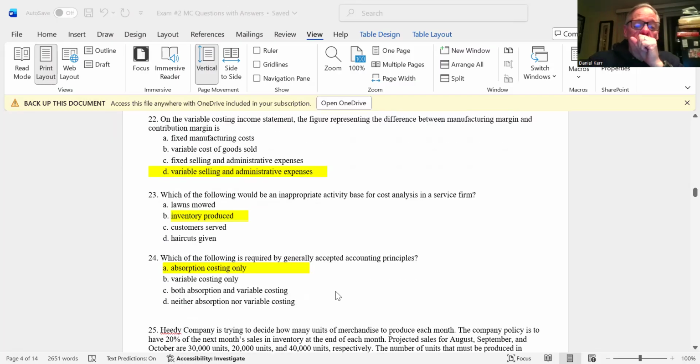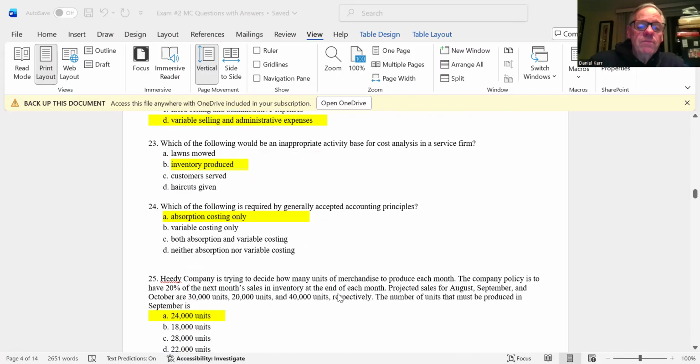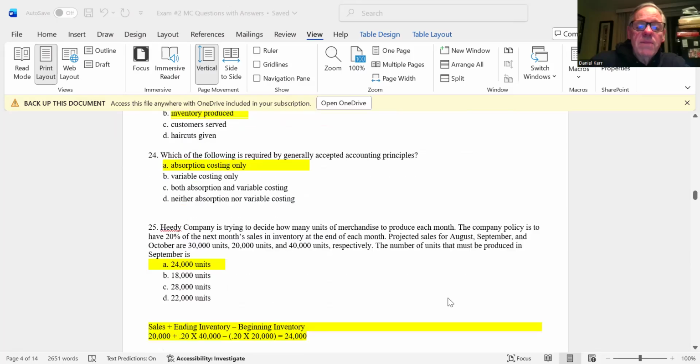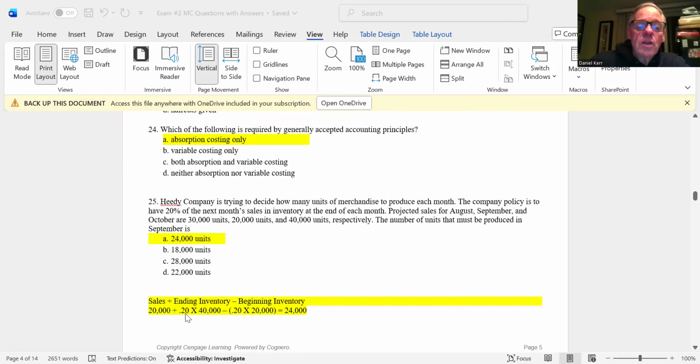Sorry for the cough. Number 25. PD company is trying to decide how many units of merchandise inventory to produce each month. The policy is to have 20% of the next month's inventory in inventory at the end of each month. Product sales for August, September, and October are as follows, and they want to know the number of units to be produced in September. So in September, we want to have 20,000 units because that's the number of units we're going to sell.